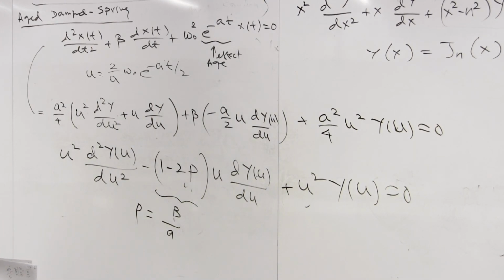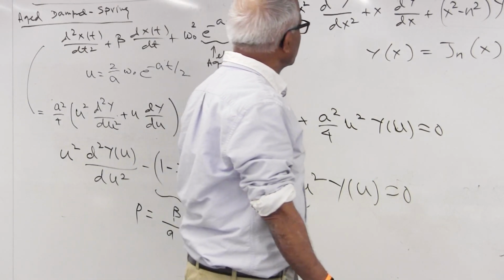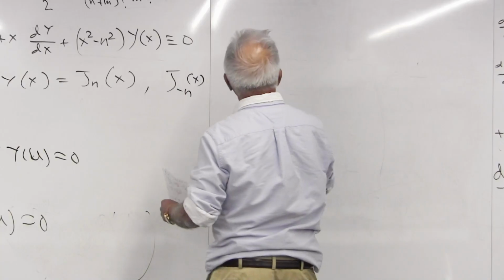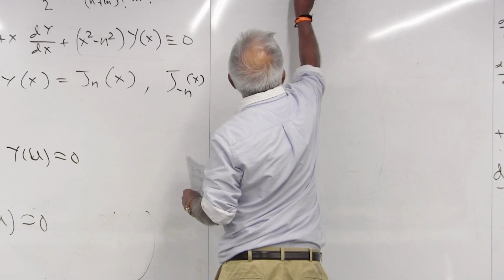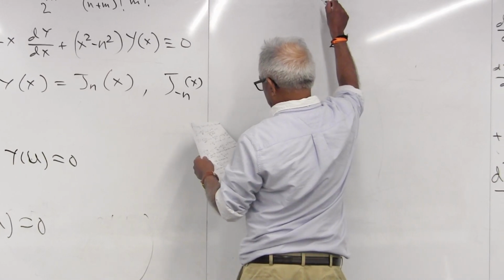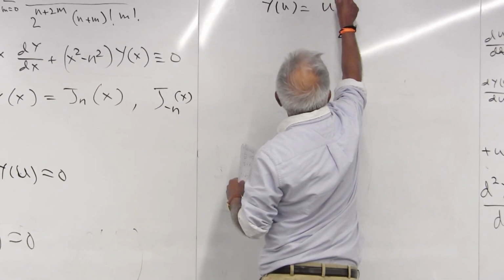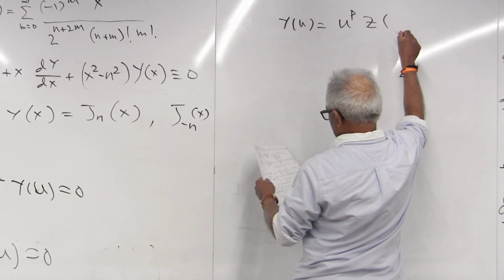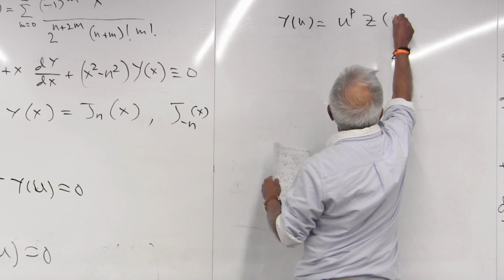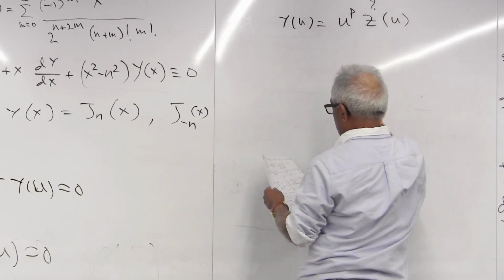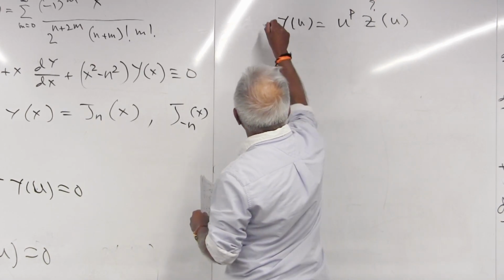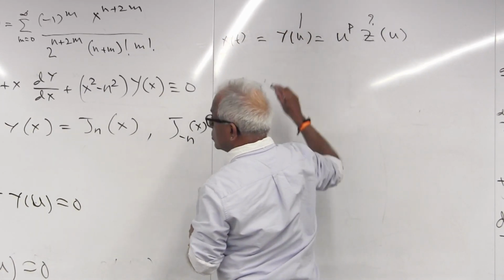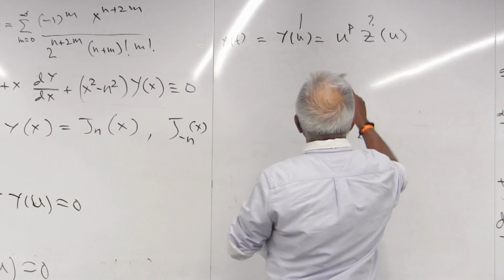Then with one more transformation, I don't know who has shown this, but instead of y(u), which is what we are looking for, if I define this to be u to the power p times z of u, we just need to figure out what z is. So u is 2 over a.